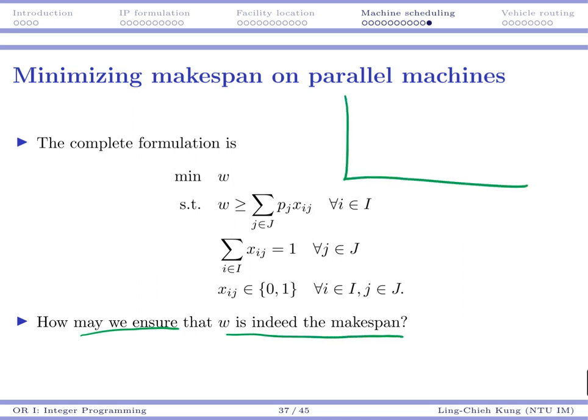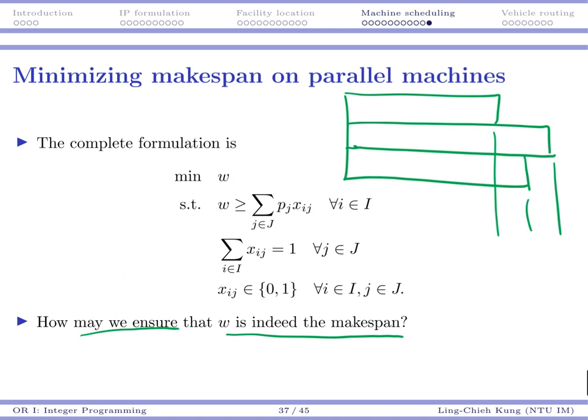Why do I ask this question? Consider this example. Suppose I have three different completion times, which may be calculated by looking at p_j and x_ij. With these machine completion times, this constraint says that your W cannot be here, cannot be here.